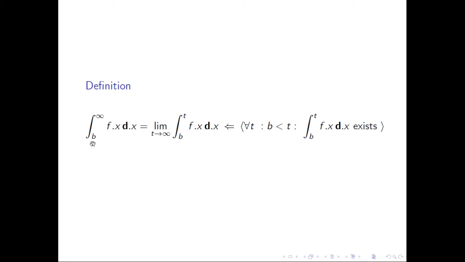Now, to find the integral of f of x dx between b and plus infinity, it's again just the limit as t tends to infinity of the integral between b and t of f of x dx. And again, we've got this side condition that this integral must actually exist for every b less than t.